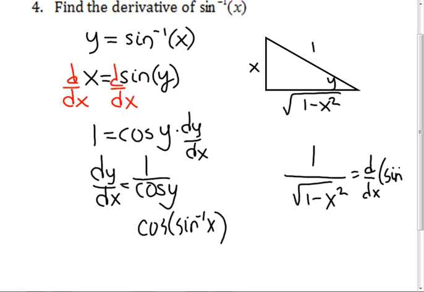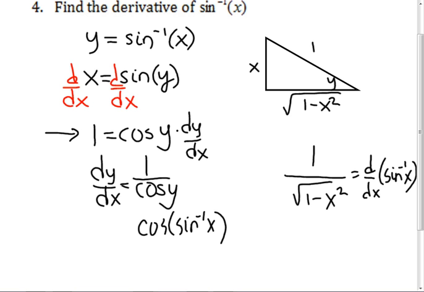You do, but what if you're in the exam and you forget? You can do it. You have the tools to do it. I solved for x in terms of y, and I took the derivative, and then I used the chain rule right here. And then I did 1 over the cosine of y.